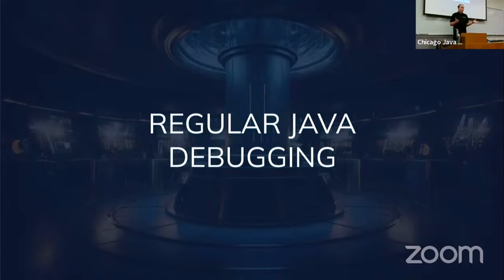So we are used to regular Java debugging, right? This is a technology that exists for over 20 years, and we just are used to providing extra options, attaching an agent, and all that. But many things changed during the past 20 years.